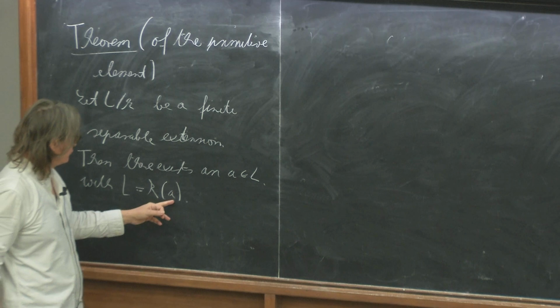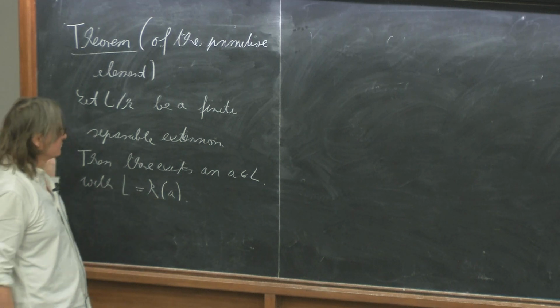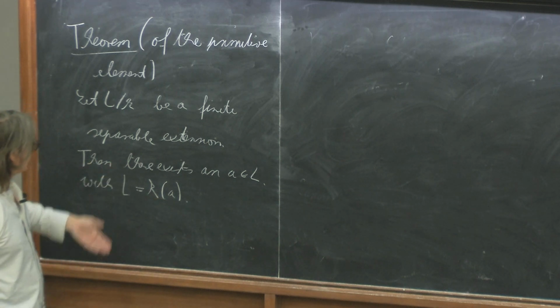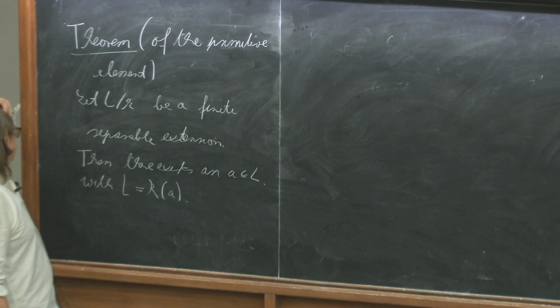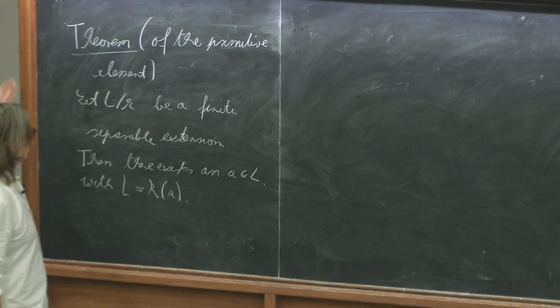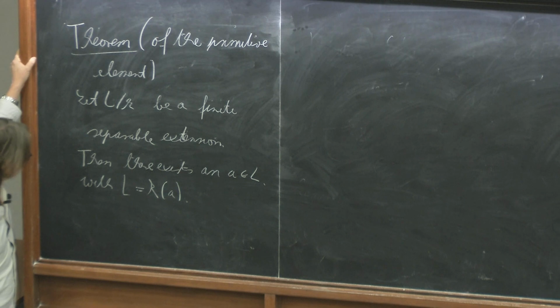This A you would call a primitive element. So one element which generates the whole field extension. And so the claim is that every finite separable field extension has a primitive element.